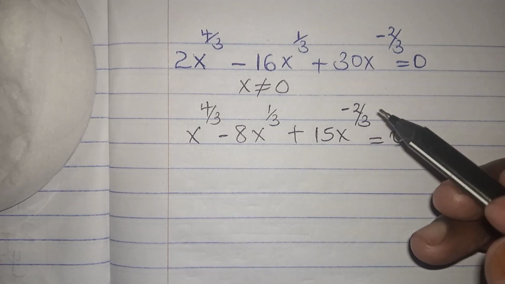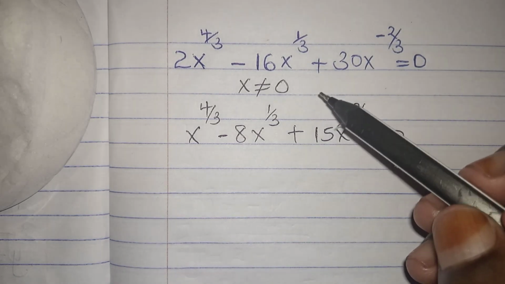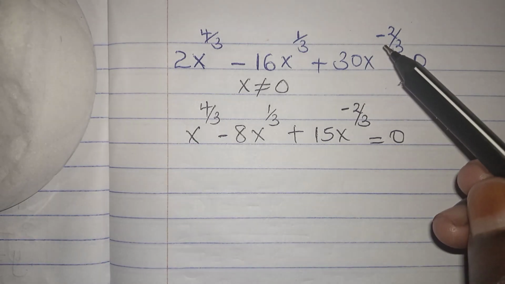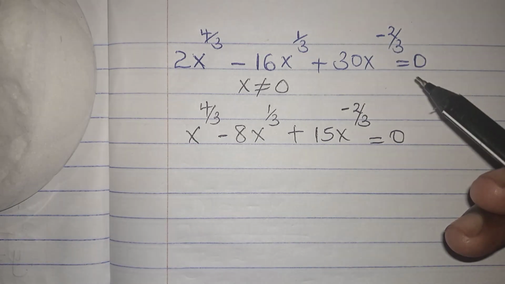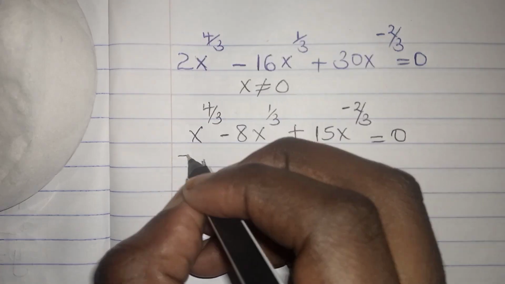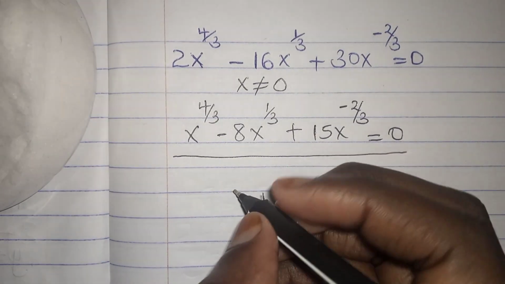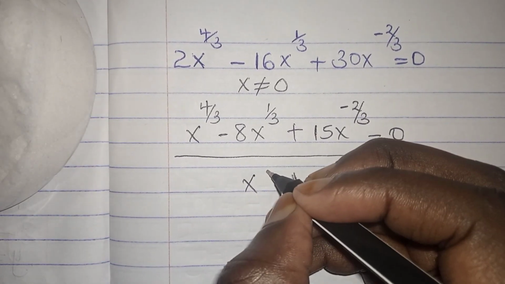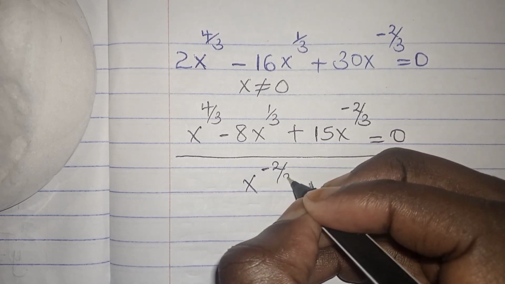Now that we know x can never be 0, we can now divide by x to the power of negative 2 over 3 on both terms. So we'll divide by x to the power of negative 2 over 3.